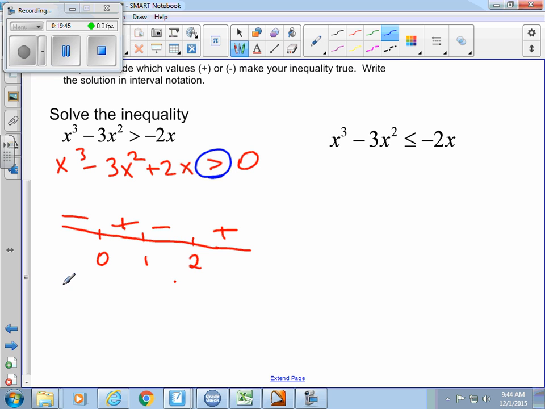Positives. Everyone agree? Positive numbers are greater than 0. So 0 to 1 and 2 to infinity. Why did I do parentheses? Hunter. Why did I do parentheses?